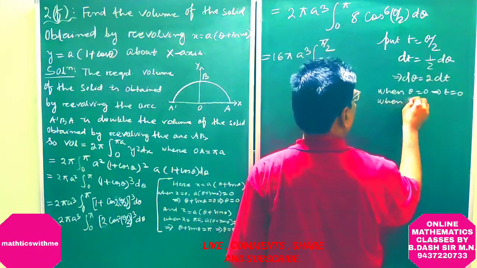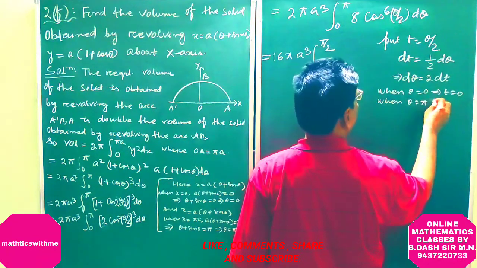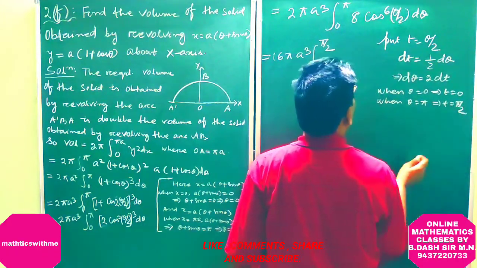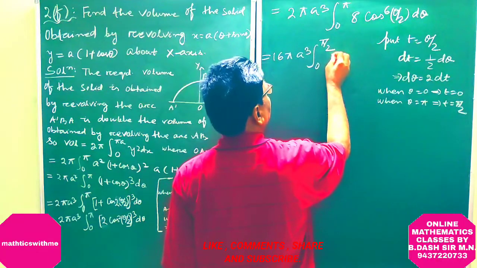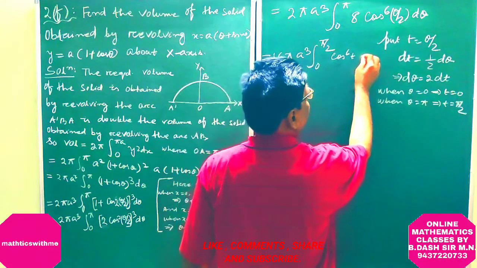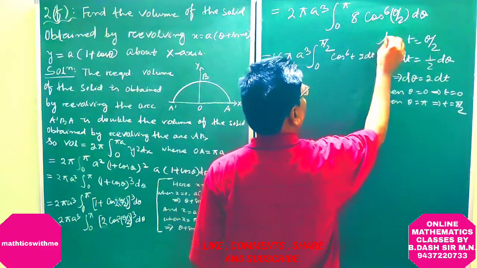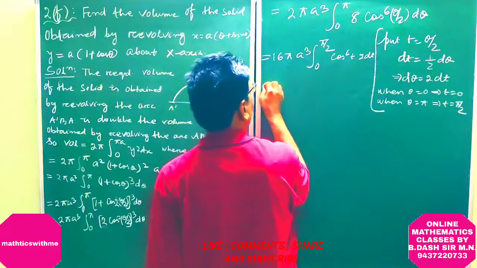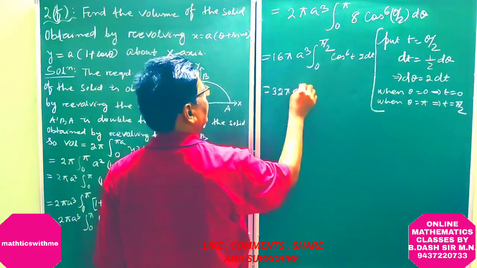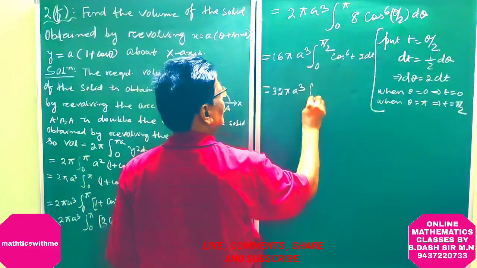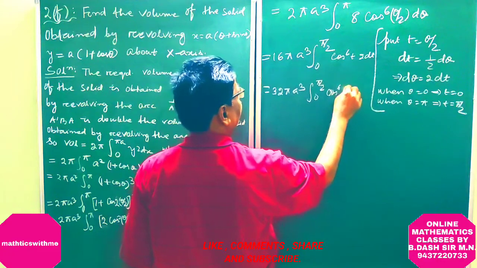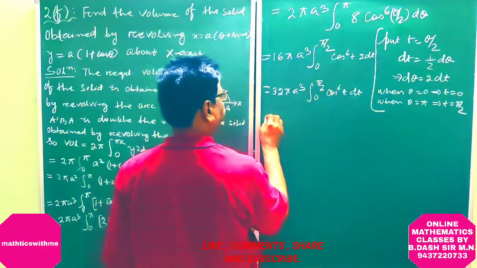When θ is equal to π, t is equal to π/2. This is cos⁶t, dθ is 2 dt, which equals 32πa³ ∫ from 0 to π/2 of cos⁶t dt.